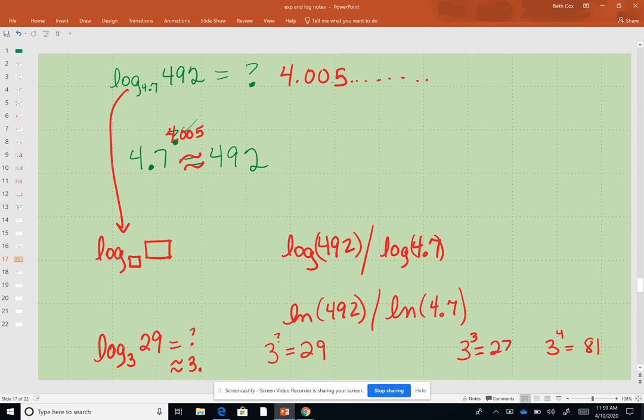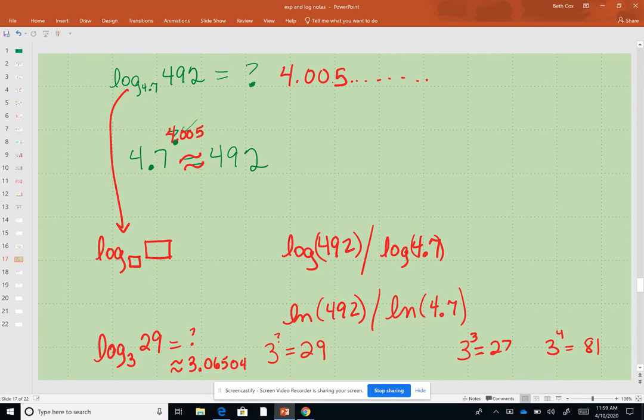And again, using your calculator, you should be able to get an approximation or get this decimal using your calculator skills. I'm pulling up my calculator, and I'm going to do this one. So I'm going to do log of the big number divided by log of the small number. And I get 3.06504.